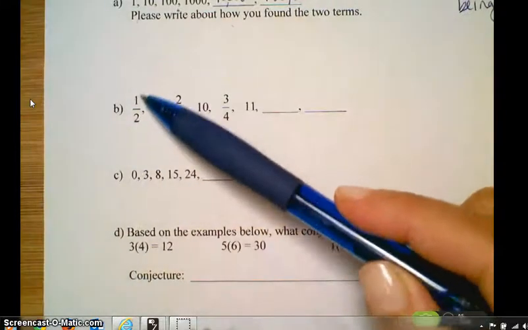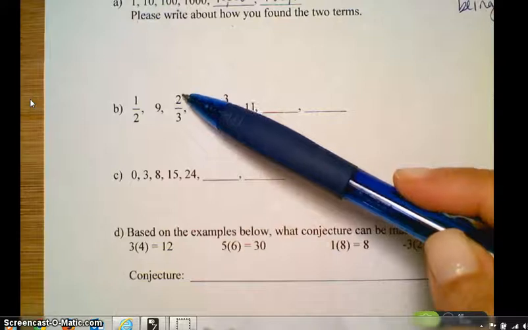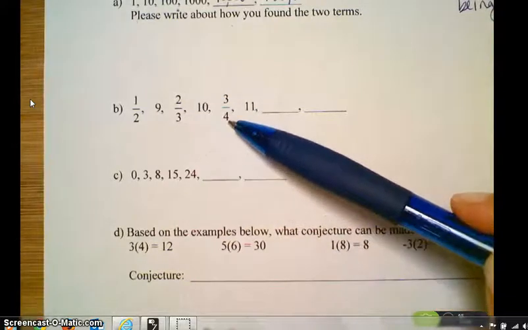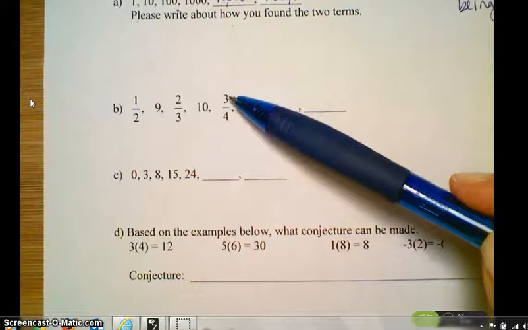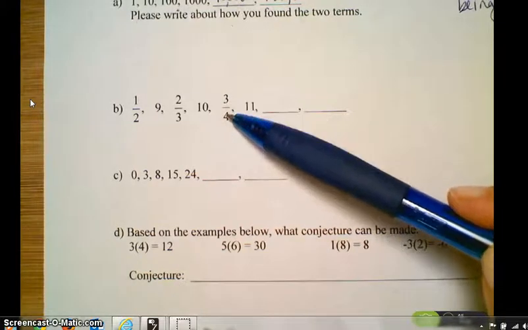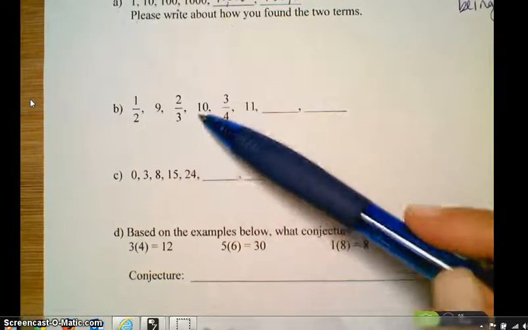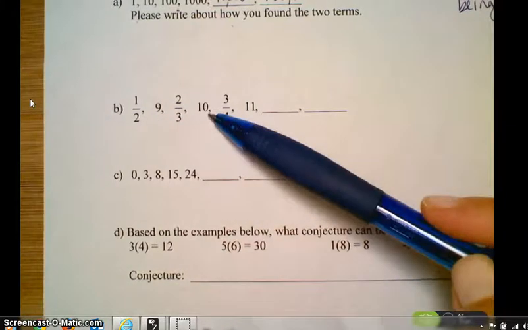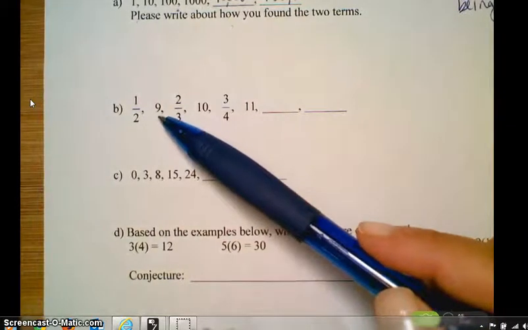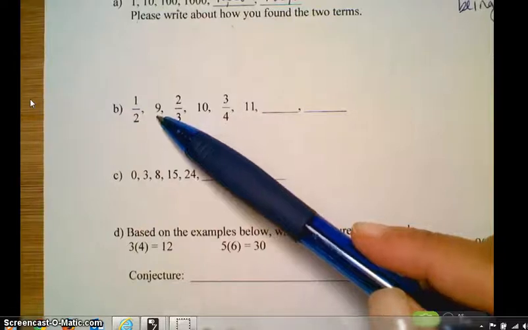Here we have a 1 and a 2, and then we go to a 2 and a 3. And if I skip and go to the 5th term, a 3 and a 4. I see a connection. Now if I look at the even terms, the 2nd, the 4th, and the 6th, I see a 9.